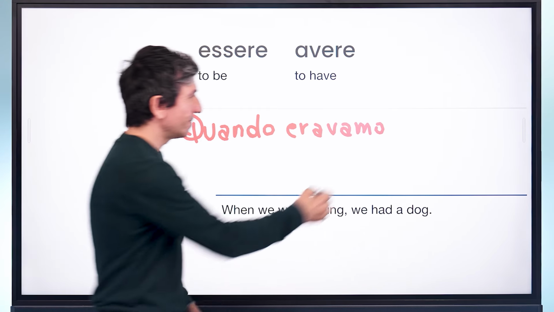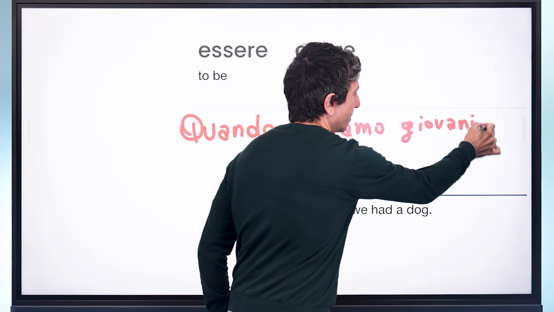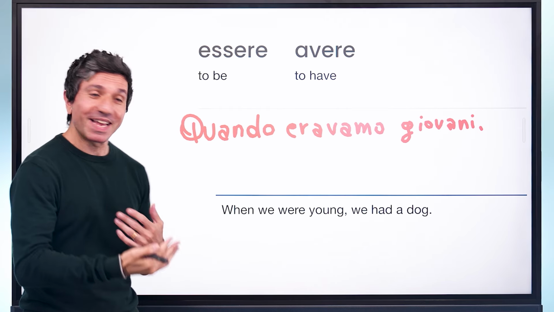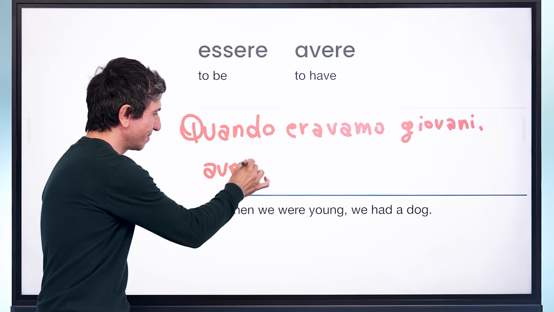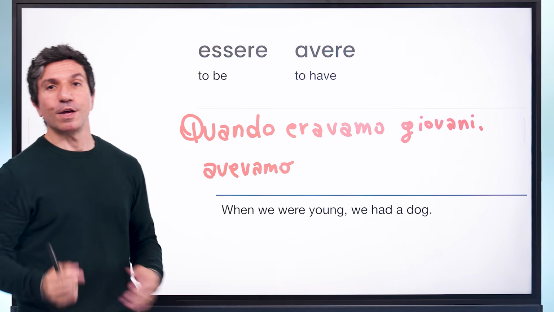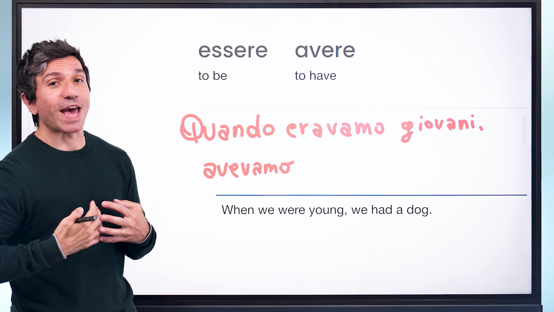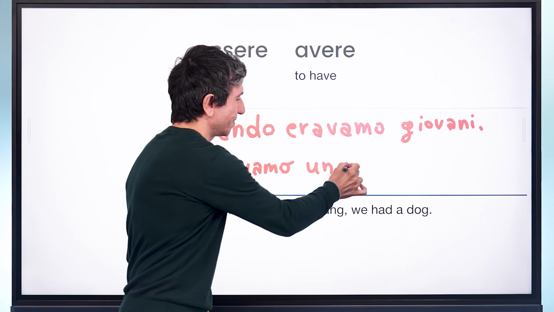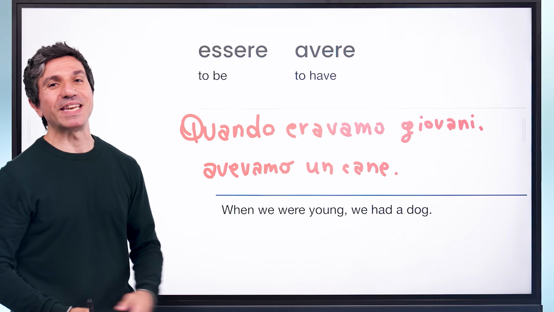Next, giovani, meaning young, followed by avevamo, the imperfect tense of avere, meaning we used to have. And finally, un cane, meaning a dog.